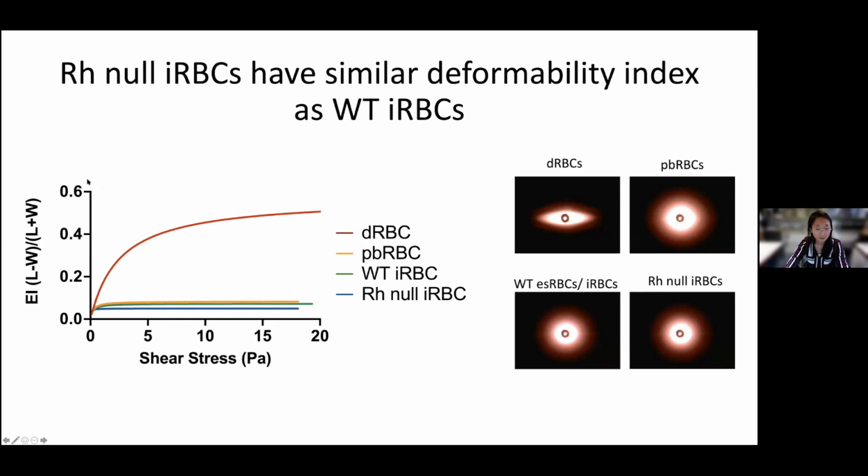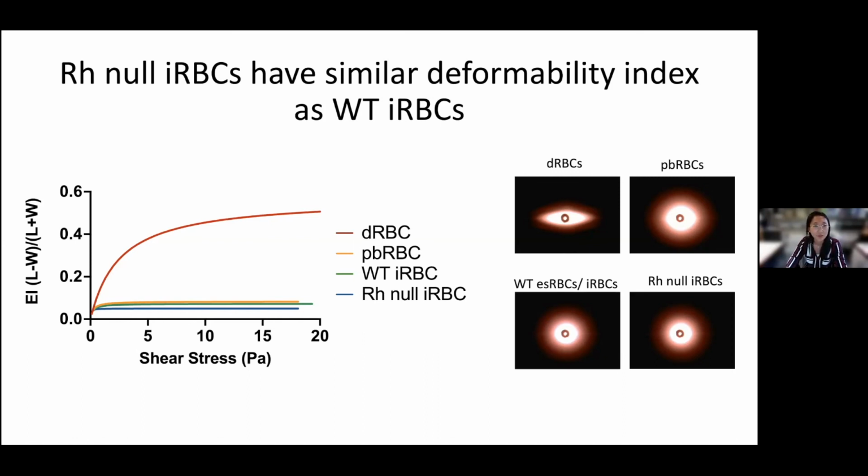So IRBCs have so much more potential, even though it's cool that you can use it as reagent red cells. And like Stella mentioned earlier, especially Rh null IRBCs, they have a huge potential in being used as other things. And one of the things is to be used as drug carriers. The Rh null cells are especially important because they don't have any Rh protein on the cell surface, meaning that they're less immunogenic. But for these cells to be used as drug carriers, they have to fit into capillaries and they have to be able to bend.